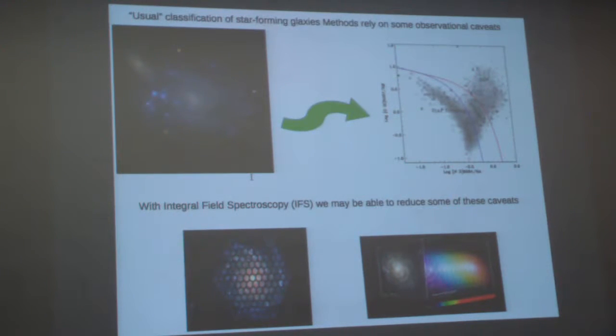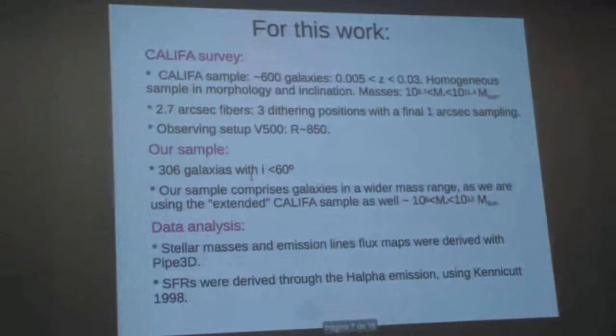Of course, if we use the IFS technique, that will be highly beneficial, because for obvious reasons we can have both spatial information plus spectroscopy. For this work, I used the CALIFA survey data.